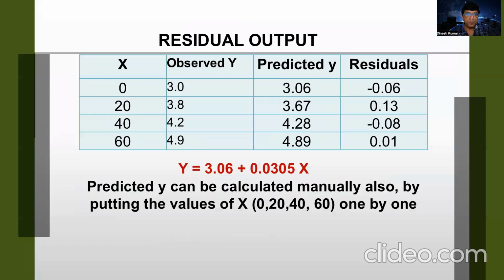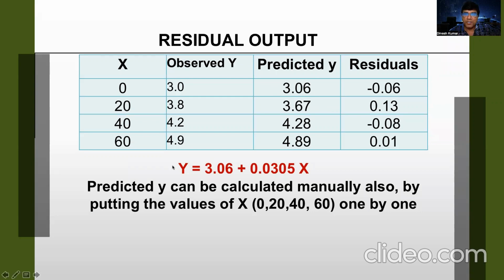If not, okay. Now residual output, you can show the residual output also. And this is your X, 0, 20, 40, 60, you remember. And these are the observed values. You have seen Y, 3, 4, 3.8 and so on. And these are predicted values. These are given in Excel, or you can do it manually also.